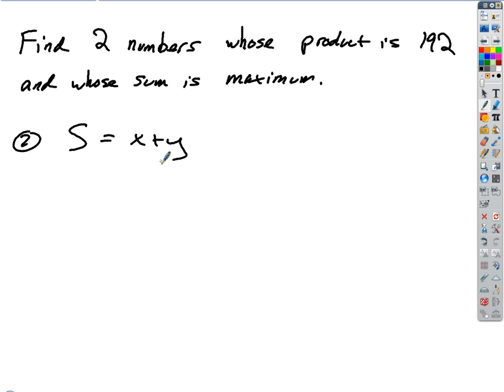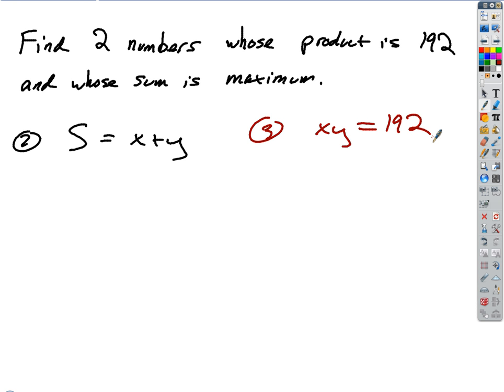How many independent variables do we have? Two, so we need an equation of constraint. If we didn't have an equation of constraint, I would just pick numbers that approach infinity and my sum would be pretty big, right? But we do have a constraint. What is our constraint? The product. The equation then would be xy equals 192. Now, in this case, does it make any difference which variable we solve for?